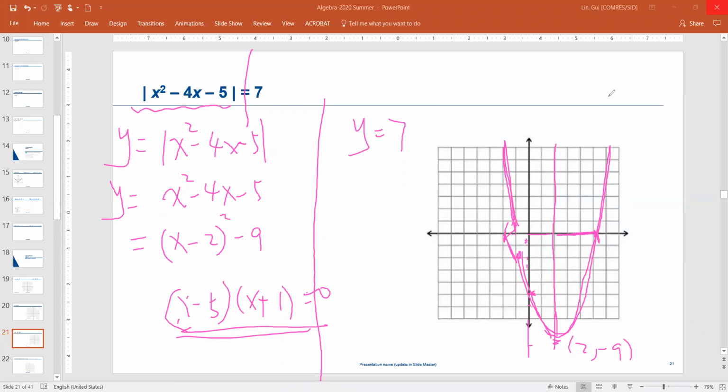Yes, Brian. So after the absolute value, you can get here. So this part flips over.